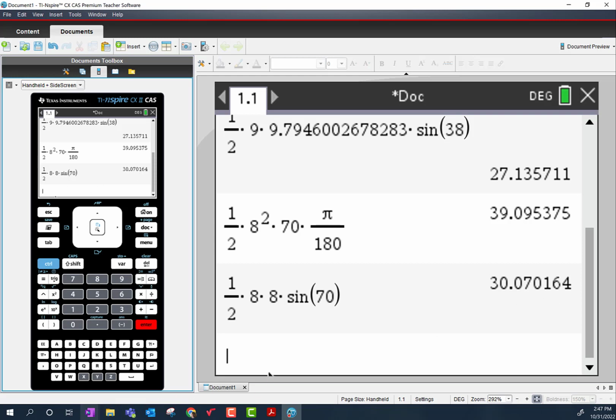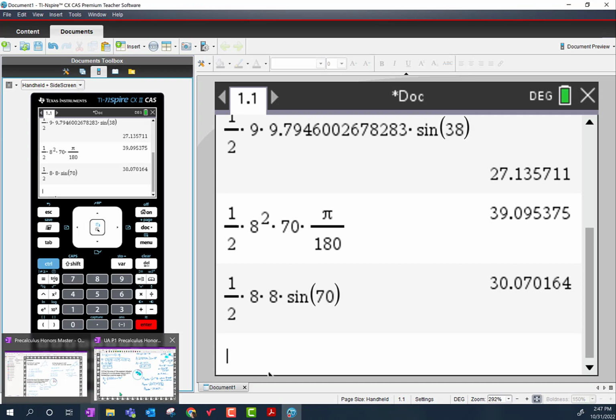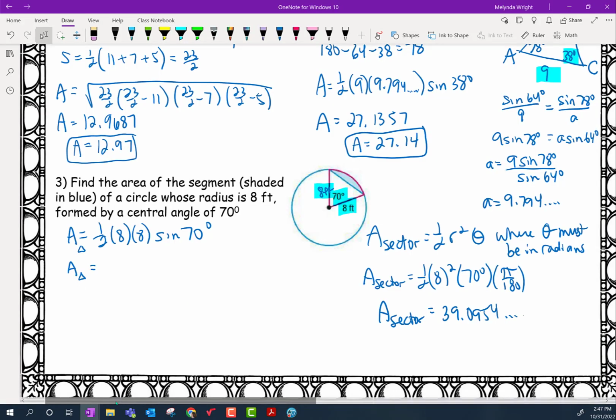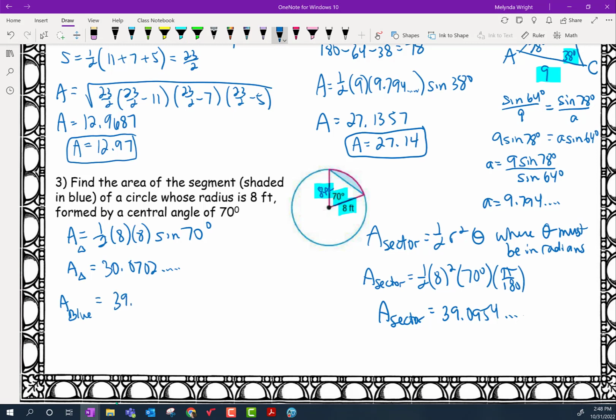Let's write that on our page. The area of the triangle is 30.0702, etc. So the area of the blue sector is going to be 39.0954 minus 30.0702.